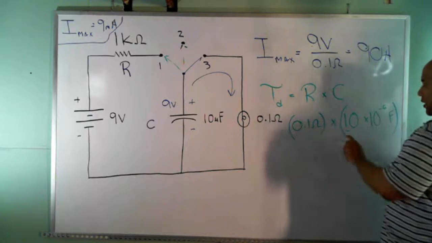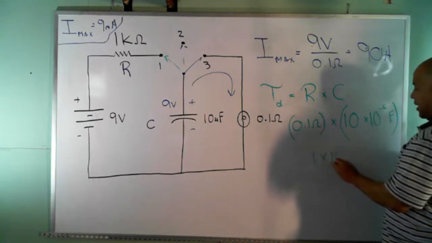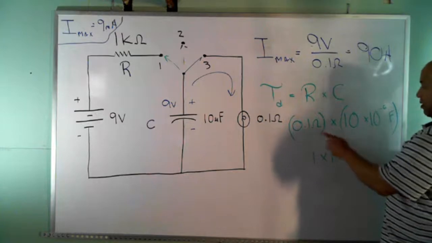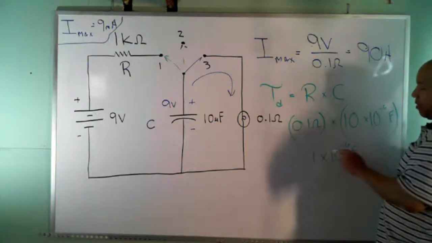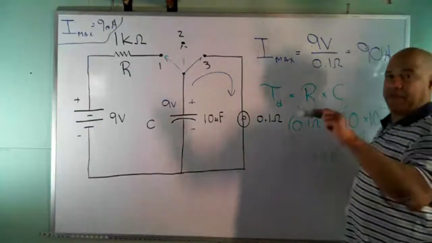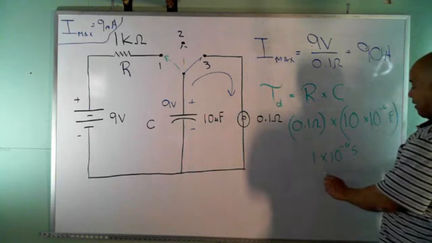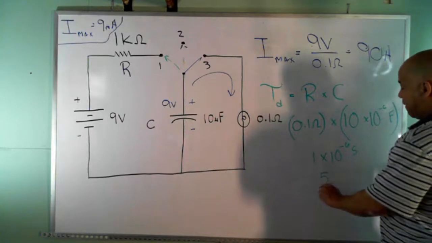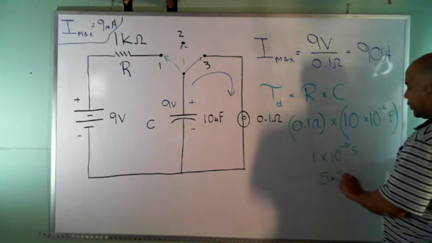When I multiply this, I get 1 times 10 to the minus 6. This gives me seconds, so that's a microsecond. But remember, it's going to discharge in 5 taus. So it's going to take 5 times 1 microsecond. It's going to take 5 microseconds to discharge.